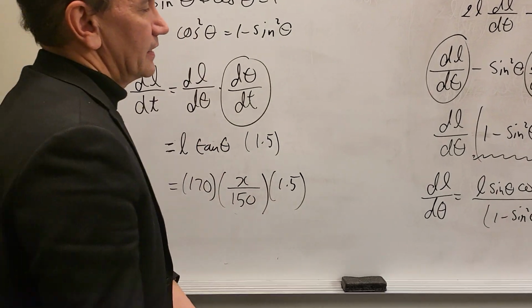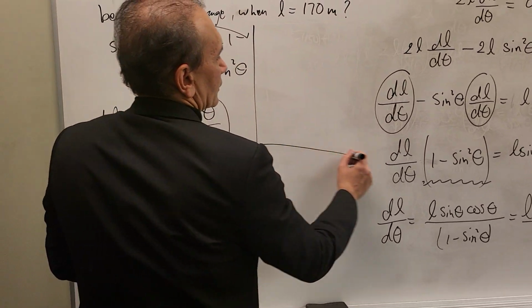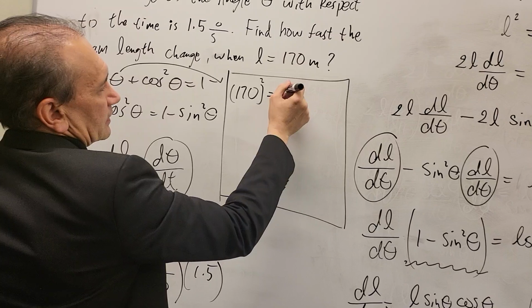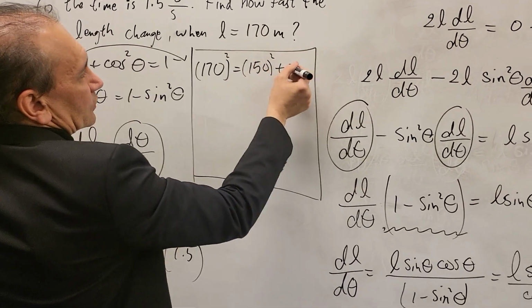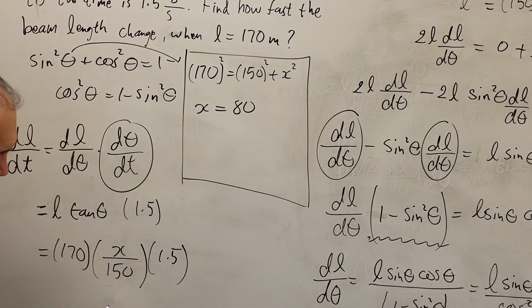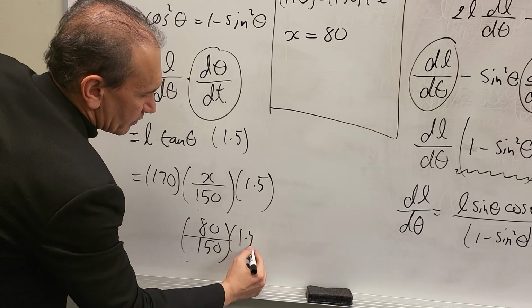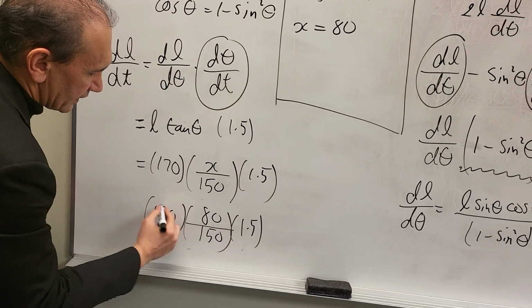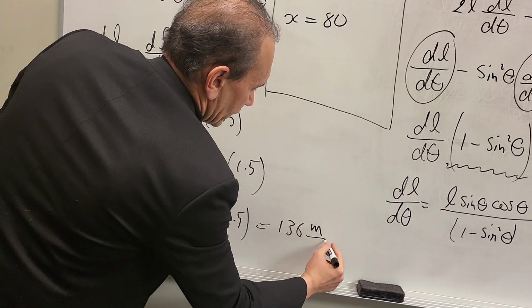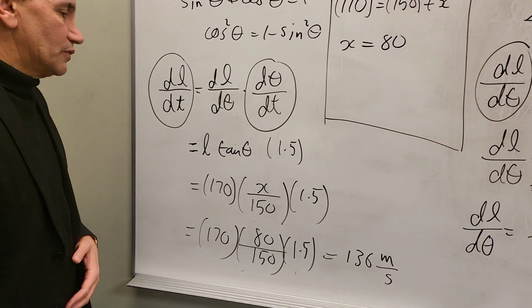If this is 170 and this is 150, I can simply apply Pythagorean without doing all the details: 170 squared equals 150 squared plus x squared, so very fast x is 80, and I put 80 instead of x. So 80 divided by 150 multiplied by 1.5 multiplied by 170, the answer is going to be 136 meters per second. That's the rate of change of the length of the beam with respect to time.